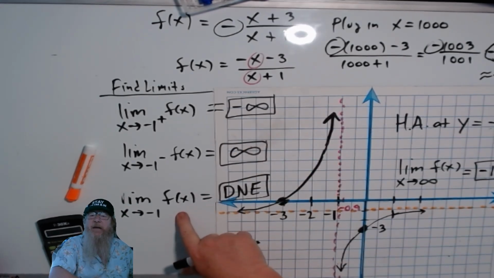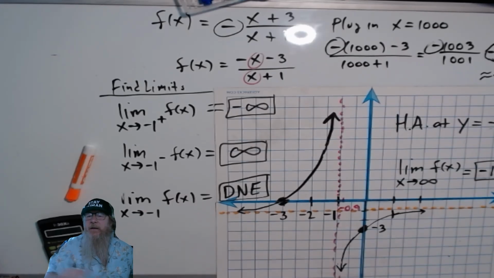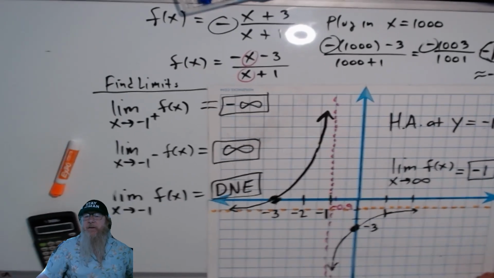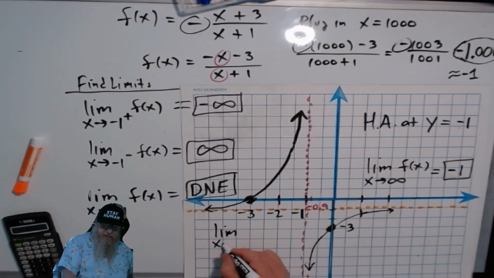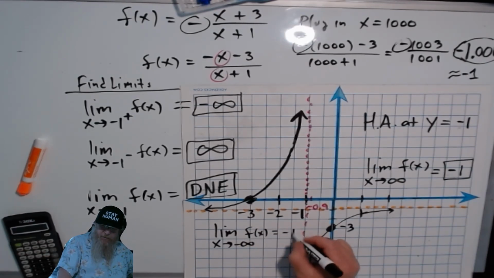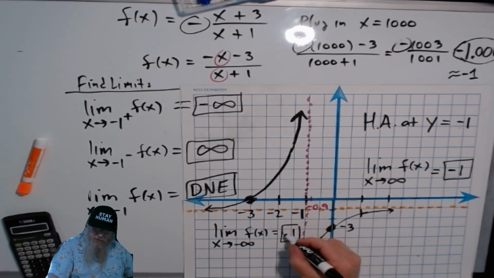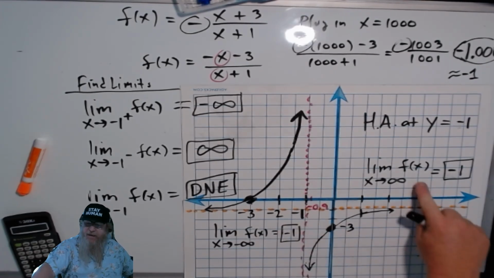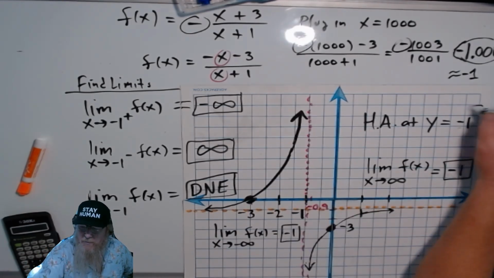So the general limit does not exist. However, these limits do exist. The limit as x approaches negative infinity is also negative 1. So we have two limits at infinity. They're both equal to negative 1. That's the horizontal asymptote.